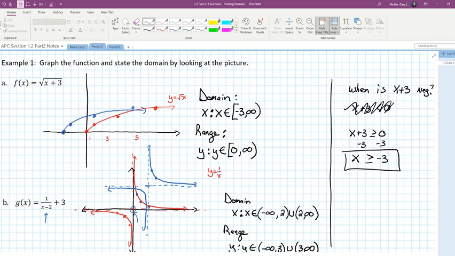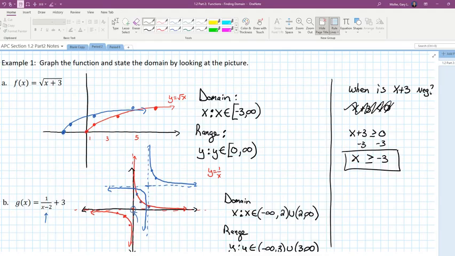Now once I've got the answer to the domain, range is kind of a more complicated answer, if you ask me, because what I really need to do now is think about what values I get when I plug in the ones I have determined I can use.